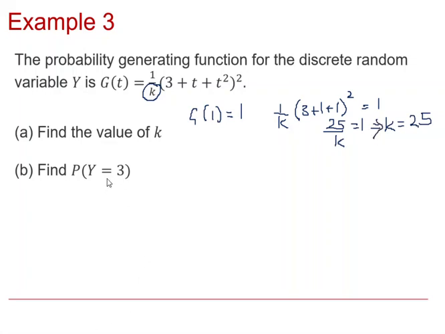And to do part B, what we need to think about is the fact that the coefficient of t cubed will give us the probability that y equals 3. And in order to find the coefficient of t cubed, we are going to have to take our generating function that we now know to be this, and we are going to have to expand the brackets. We're going to have to square 3 plus t squared so that we can obtain each term in each power of t.